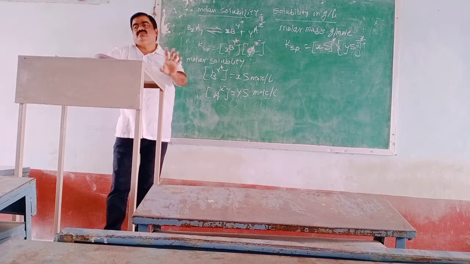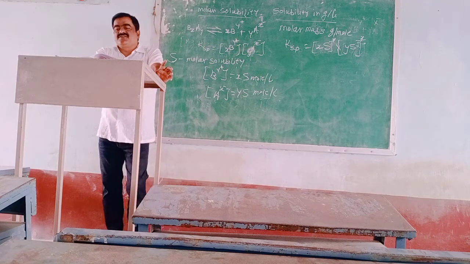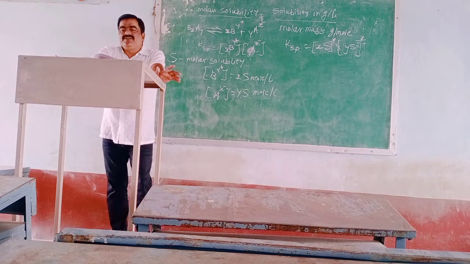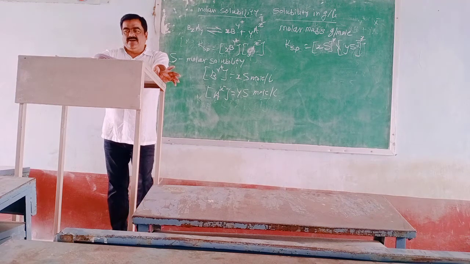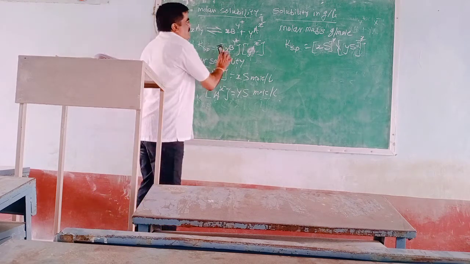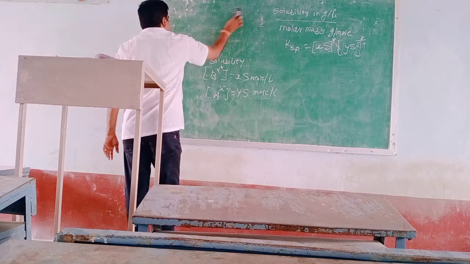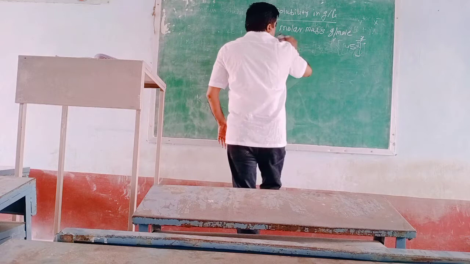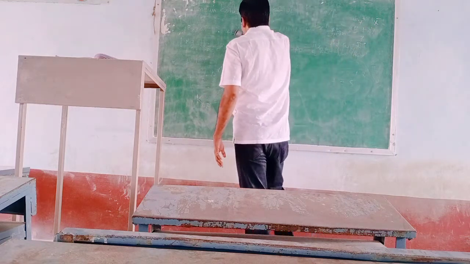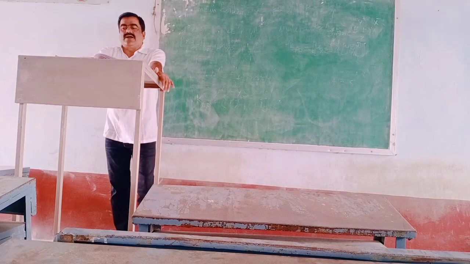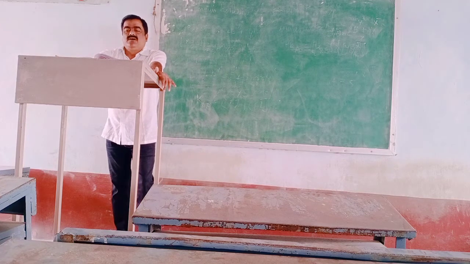Ksp is equal to this, that is, this relation between solubility and solubility product we will see here. Now the second thing is the conditions of precipitation. In which conditions will precipitation occur? The ionic product of an electrolyte is defined in the same way as the solubility product.